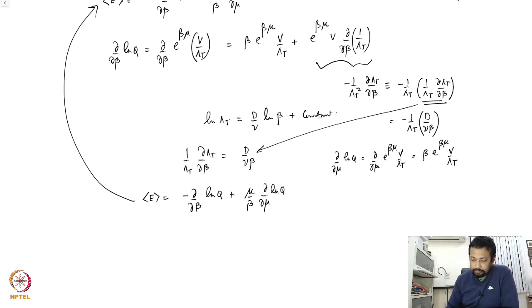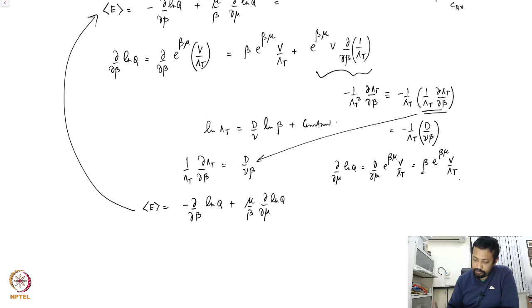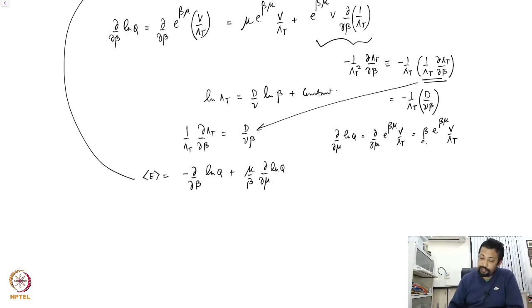Wait, I think there has been some mistake over here, I'm terribly sorry, because this is del mu of beta mu, so this is going to be beta times this. So you have beta e to the power beta mu plus this, and this is correct.